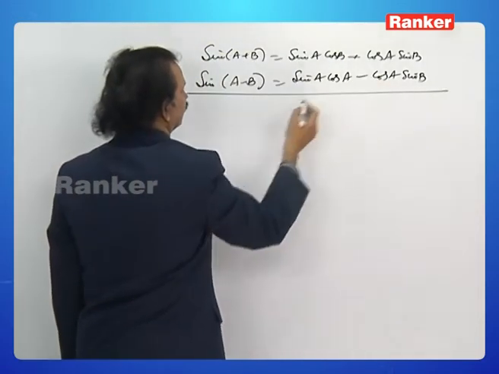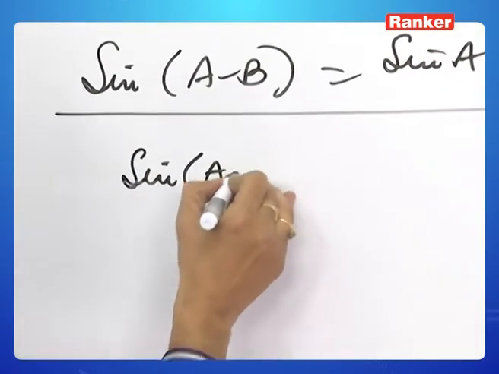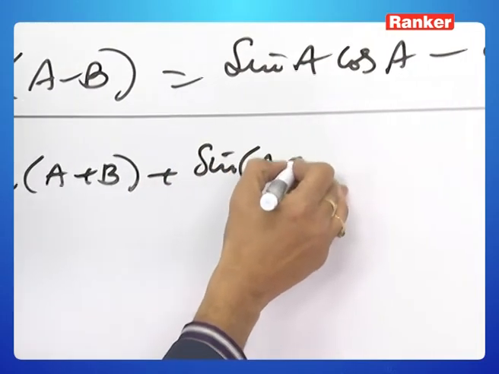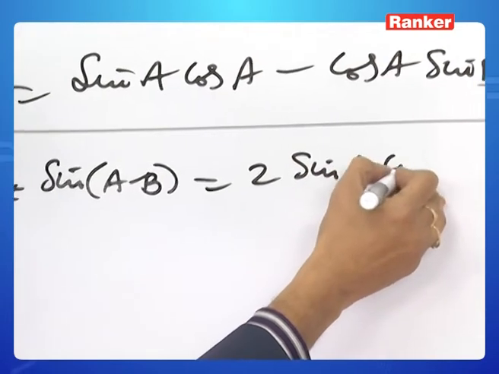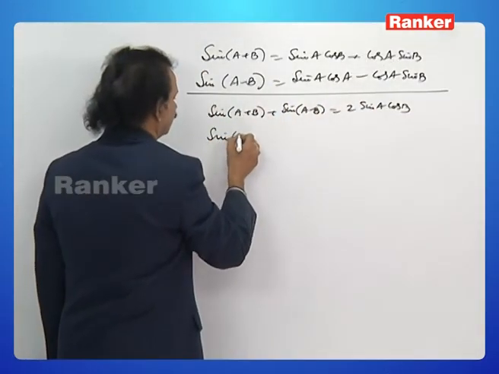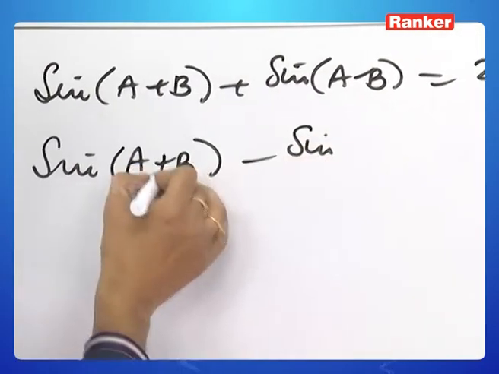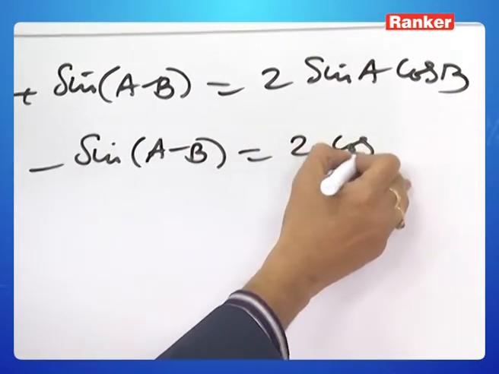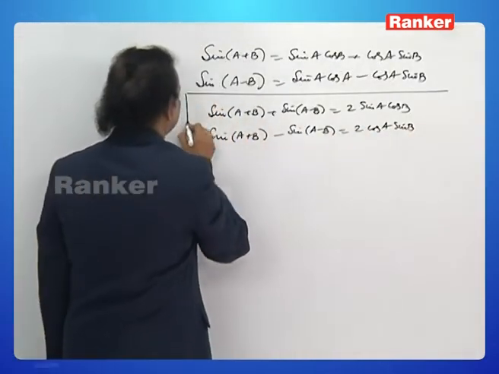These two will be cancelled. Sine of A plus B plus sine of A minus B is equal to 2 sine A cos B. And if you subtract them, sine of A plus B minus sine of A minus B is 2 cos A sine B.